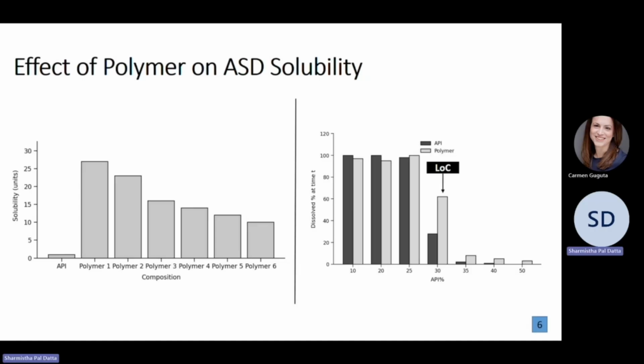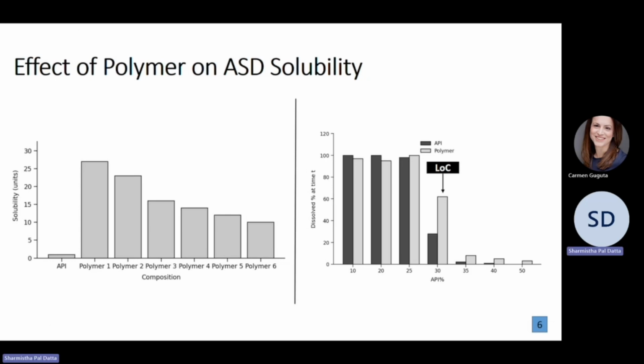In the right panel, for the same polymer, different amounts of the polymer have been added to make the ASD. As the percentage of API increases, which means as the percentage of polymer decreases, there is a certain threshold beyond which you see a sudden drop in the dissolved percentage of the API.